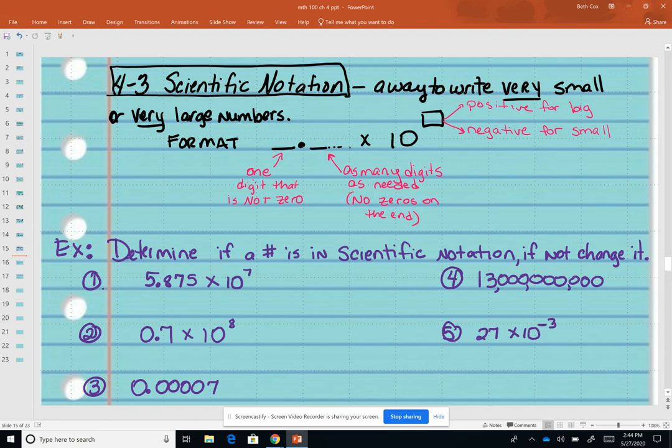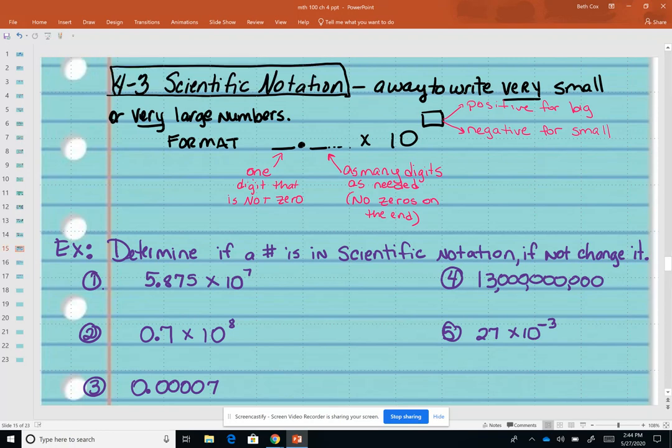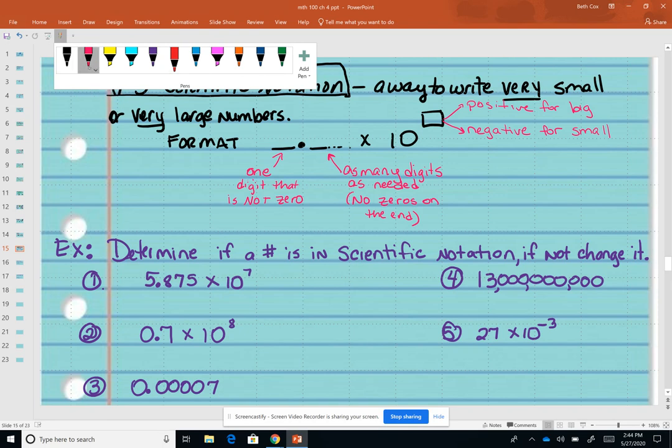When the exponent on the 10 is positive, then we're looking at a really big number. And when the exponent on the 10 is negative, we're looking at a really, really small number. A lot of people think that the exponent up there is the same as the number of zeros.